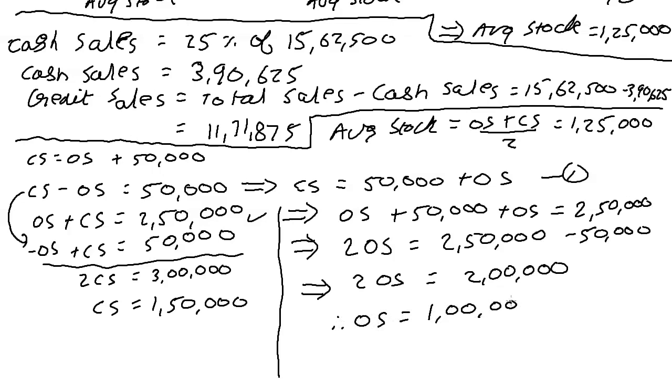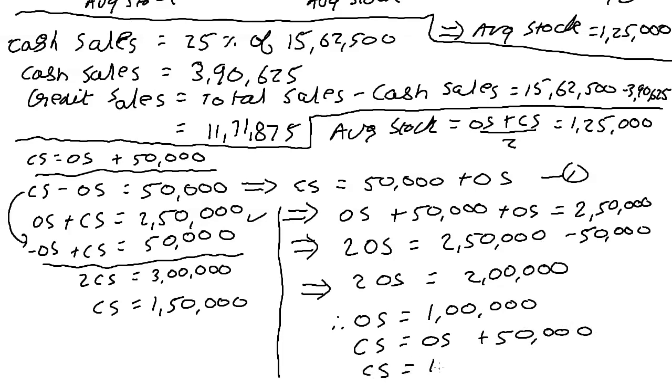Now that I've got opening stock, I can find closing stock. I'm going to stick with this equation over here. I know that closing stock is equal to opening stock plus 50,000, and therefore closing stock is equal to 1 lakh plus 50,000, which gives me 1,50,000.